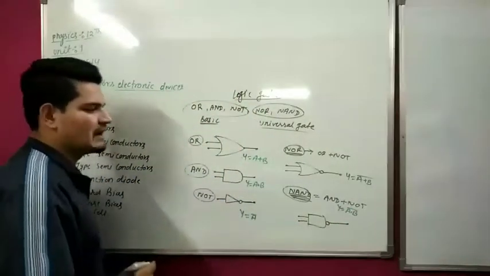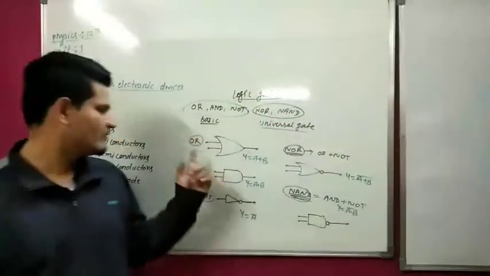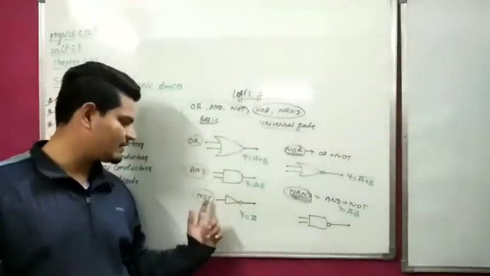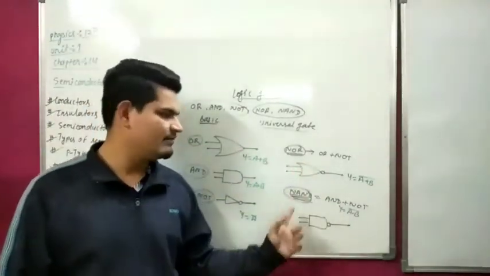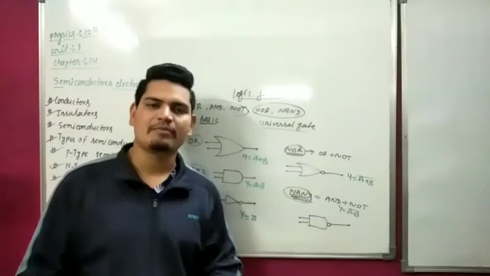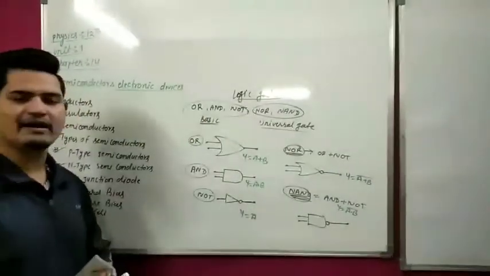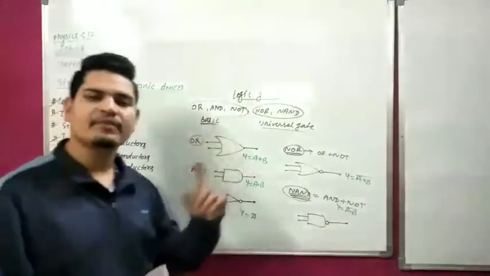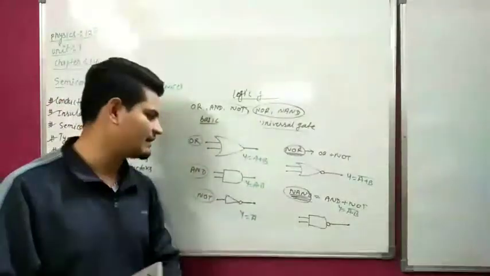So these are the types of gate. There are 5 types of gate only: OR gate, AND gate, NOT gate, NOR gate and NAND gate. The first three are the basic gates and the last two are the universal gates. We can obtain any type of gate from the others.